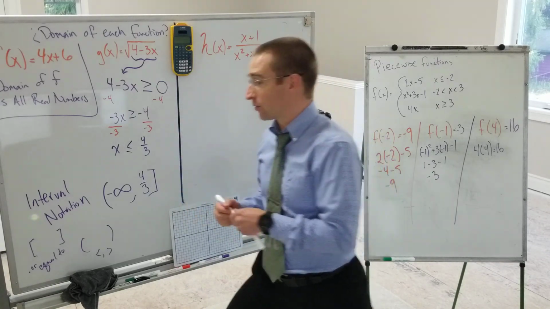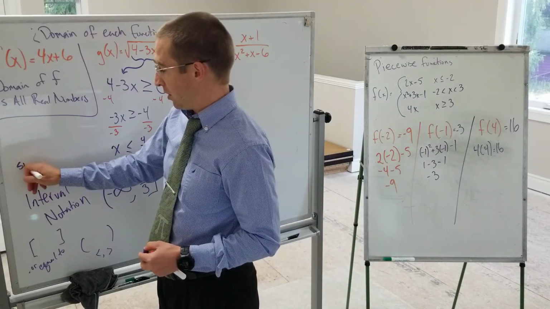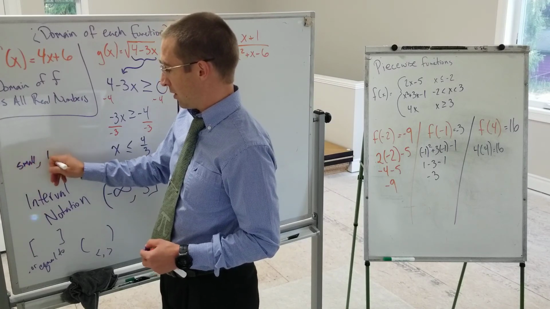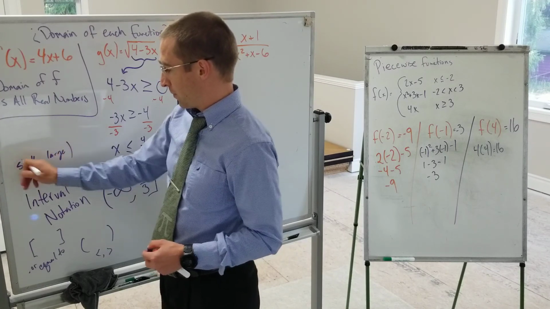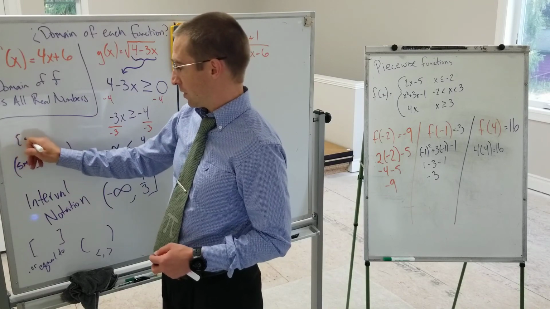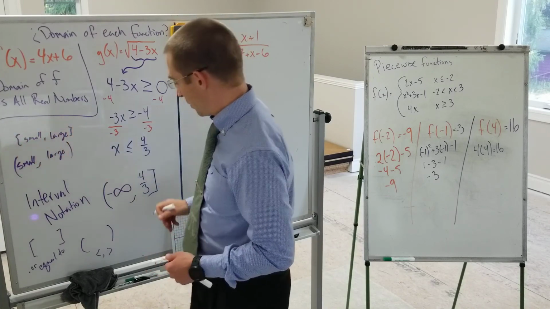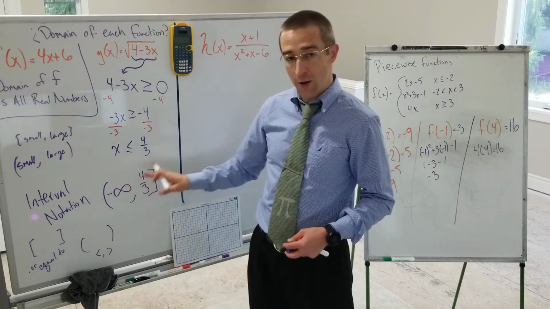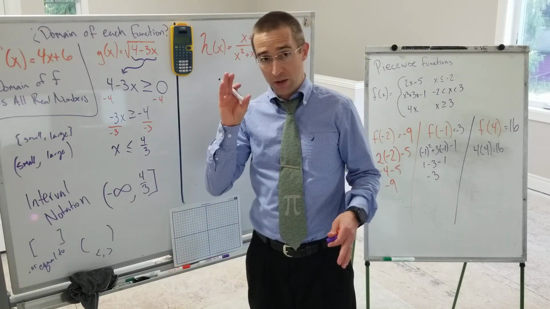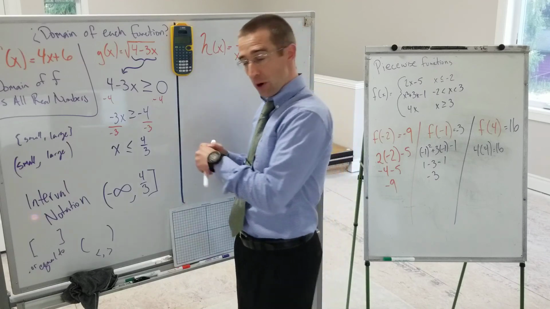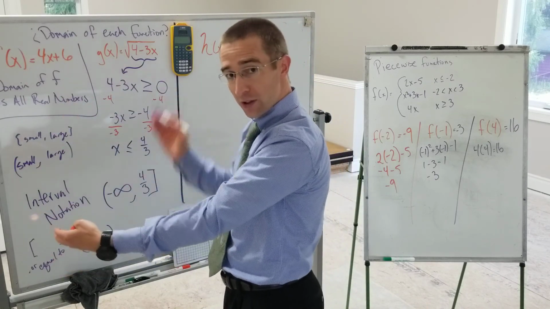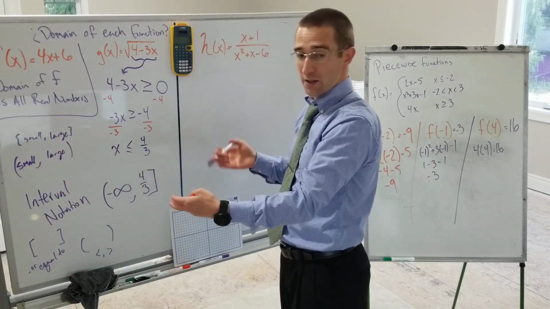Whenever you're doing interval notation, it's always small, comma, large. So notice we didn't go 4/3, comma, negative infinity, because that would be backwards. We always start with the smallest or most negative on the left, comma, biggest, most positive on the right.